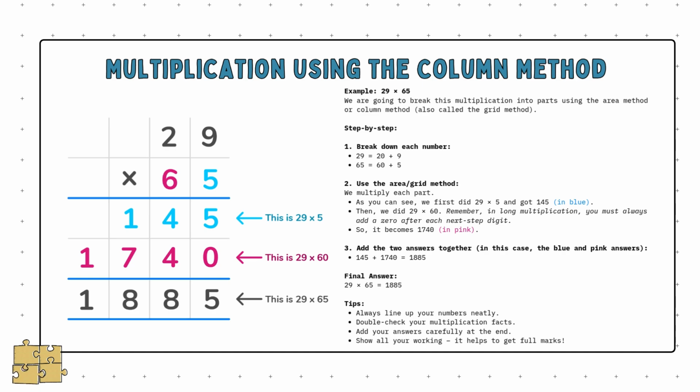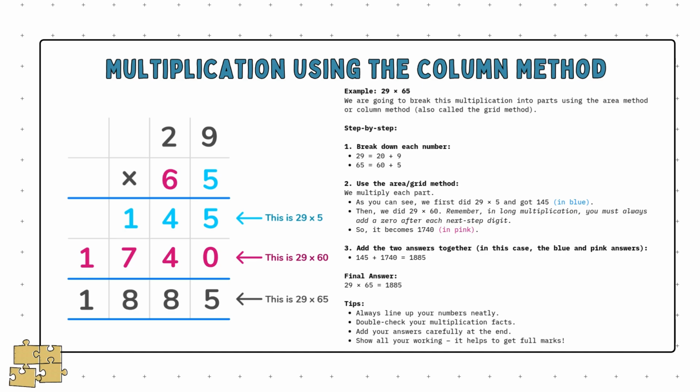Step 1, break down the number. We split both numbers into tens and units. So 29 becomes 20 plus 9, and 65 becomes 60 plus 5. Why do we do this? Because it's much easier to multiply simpler numbers like 20 and 5 than trying to do 29 times 65 all in one go.